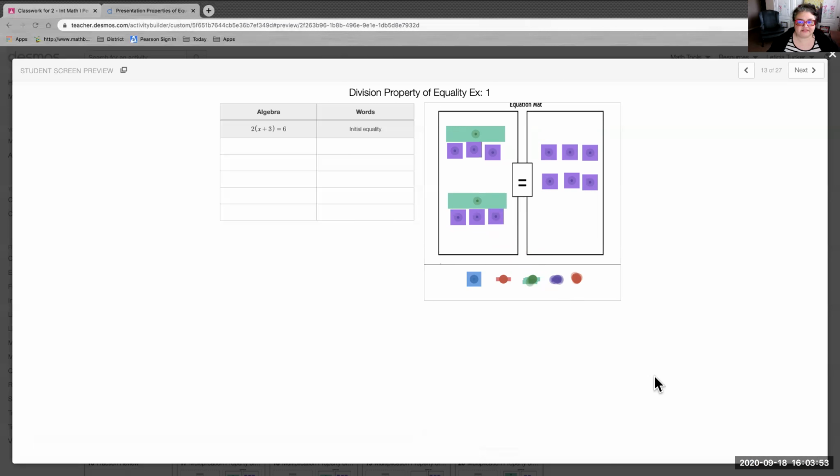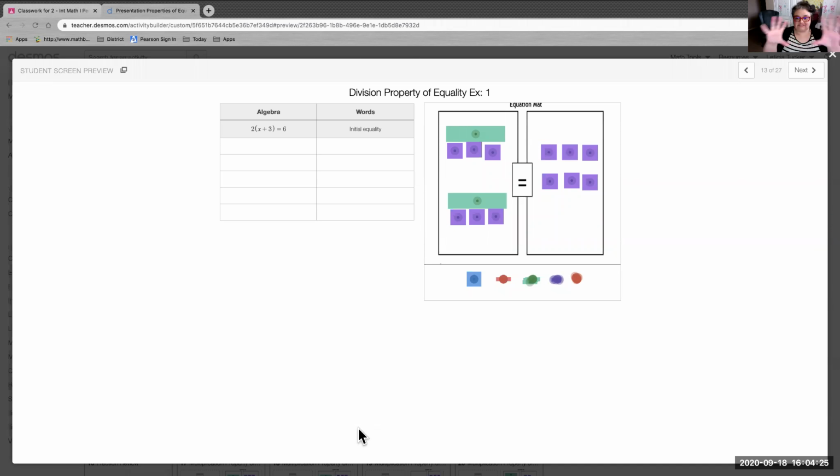And what we're going to do with this is we're going to use the division property. There are several ways. Actually, there's at least one other way to do this, maybe 2 or 3. Okay, but we're going to use the division property of equality. Since I have this x here, and notice I have 2 groups, well, obviously, because there's a 2 there. I'm going to make 2 groups.